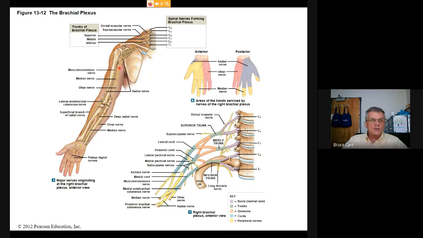So the brachial plexus comes across here in four main nerves: the musculocutaneous, the median, the ulnar, and the radial nerve, and nerves that then cross the elbow at strategic places to keep them out of the joint.